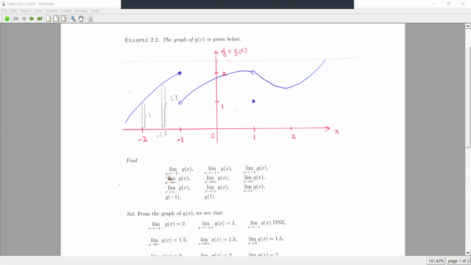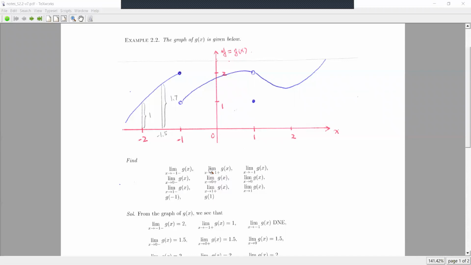As x approaches -1 from the left-hand side, what number will the function approach? -1 is here. Now, I let x approach -1 from the left-hand side. Then the curve approaches this point. The height of this point is 2. Therefore, this limit is 2.